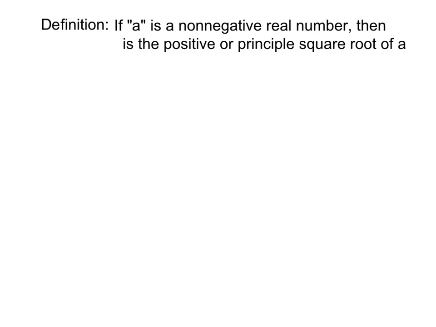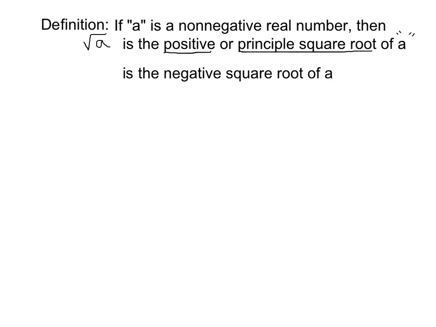So to investigate what a square root is in a little bit more detail, let's start out with the definition. By definition, we say if a is a non-negative real number, then the square root of a is the positive or principal square root of that number a that we were just looking at.